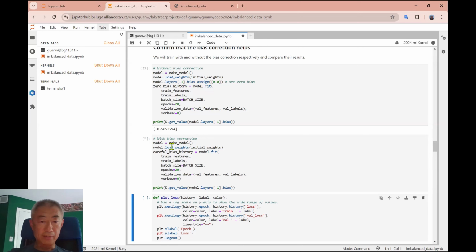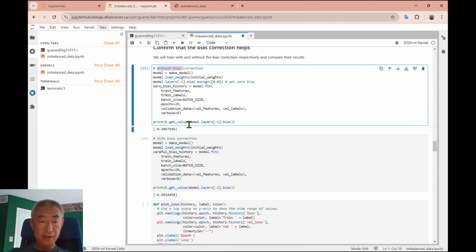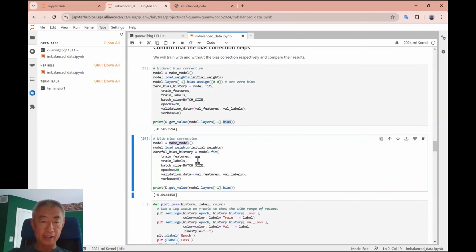For the one without bias correction, I just want to check what the bias is. Initially this bias should be 0, but after training it got some number like minus 0.5 or something. But for the original one, we set the bias to minus 6. It doesn't change too much, you see.